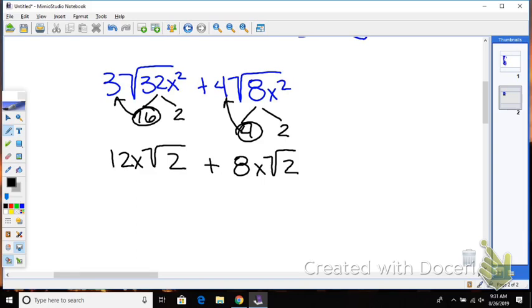But because I knew I needed to end as the square root of 2, I thought, okay, 32 divided by 2 is 16. So I started with 16. 16 is 4 times 3 is 12. And then square root of x squared is x. Here, square root of 4 is 2 times 2 is 8. X times the square root of 2. So if I added this together, I get 20x times the square root of 2.